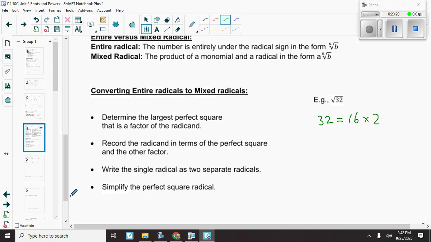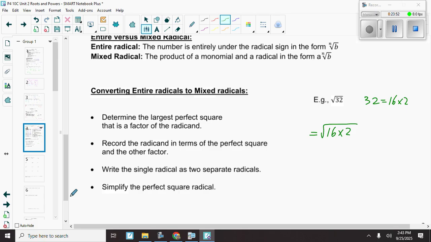So this is what we've done in our head. What we would write on our paper: 32 is the same as 16 times 2. Underneath my 32, I would write 16 times 2, keeping it all under the radical sign, and then I can split them up.